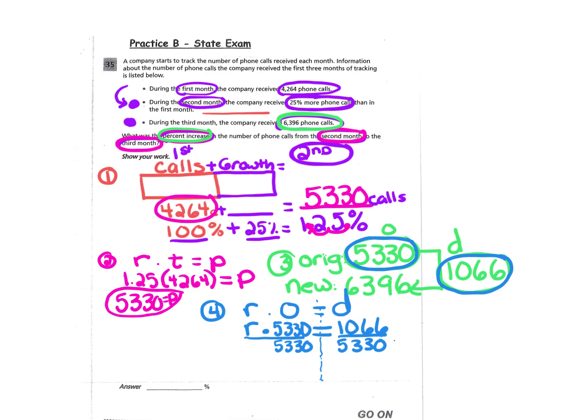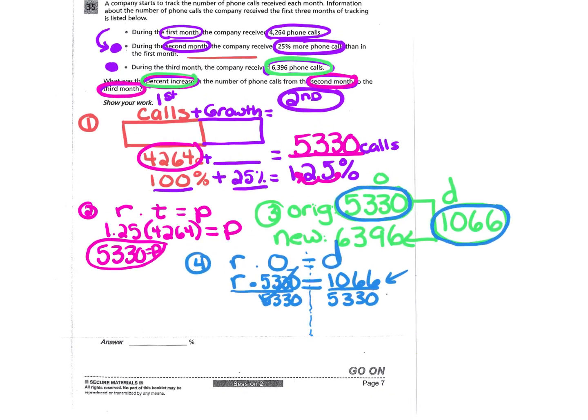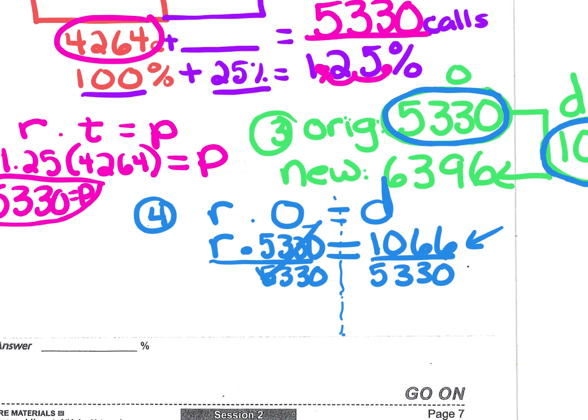Punch in this division problem. You should have gotten a decimal rate of 0.2, and you may add a 0.